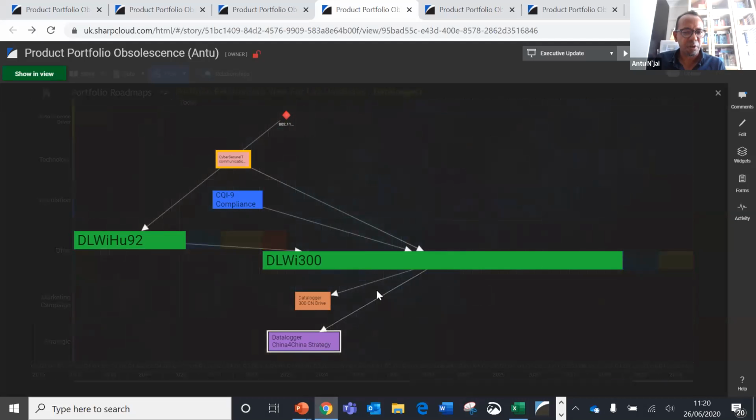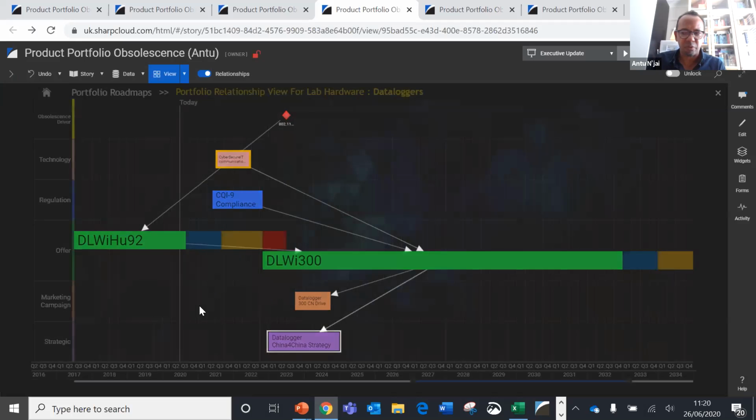So we can look at things from strategy upwards, we can look at things from drivers downwards, we can look at things from any aspect of that portfolio.